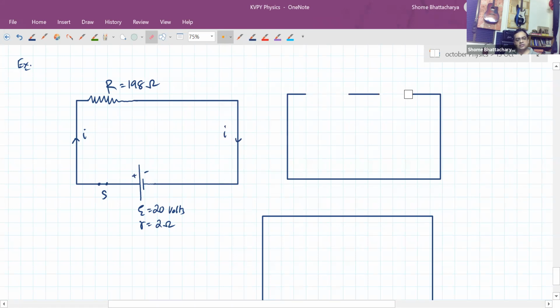Now in the second case, we have a combination of two resistors.